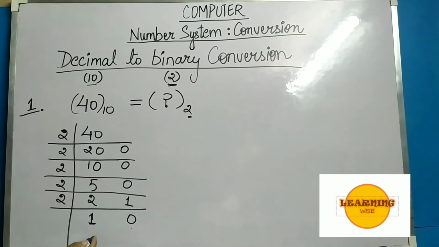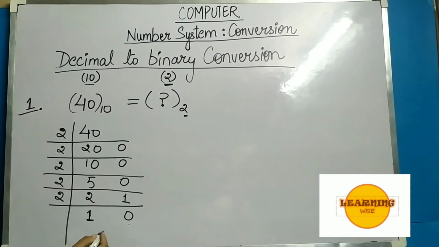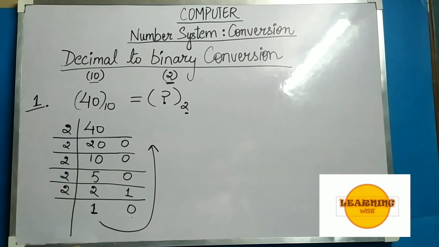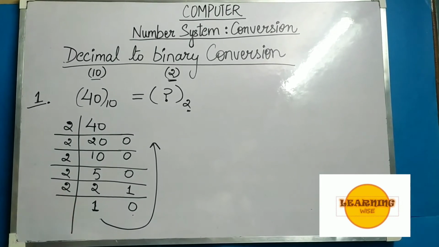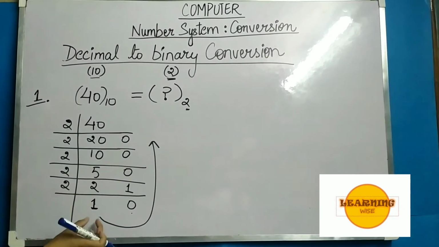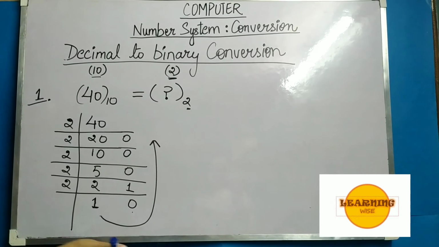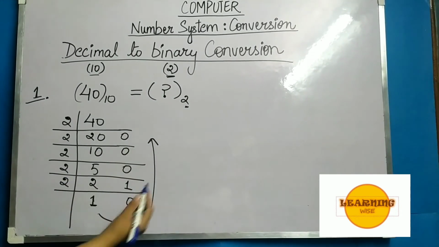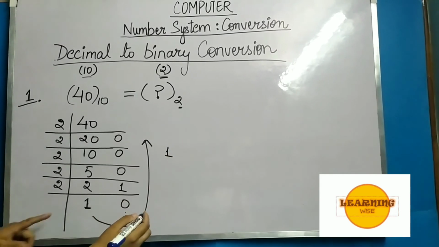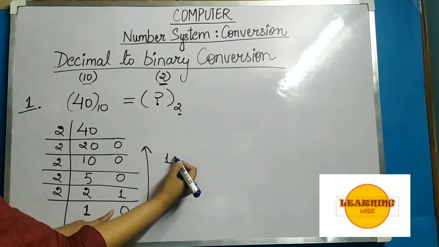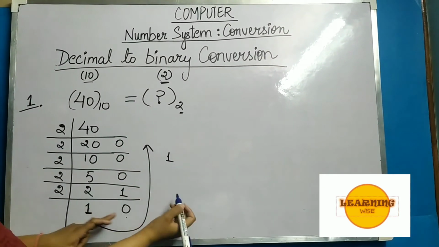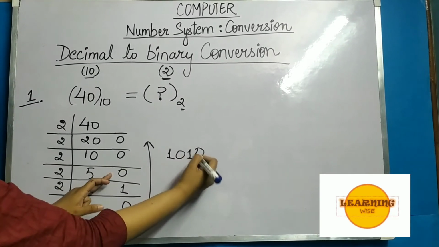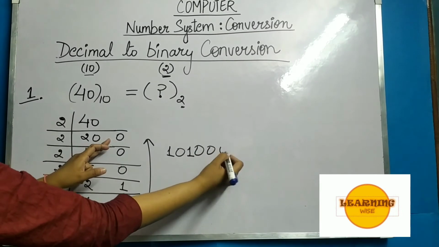Now the technique is, you have to write your answer this way. Alright students, so how you are going to write? You are going to pick this number, means from the bottom. Okay, you will write the numbers picking from the bottom. Like initially it is 1, then 0, then 1 0 0 and 0.